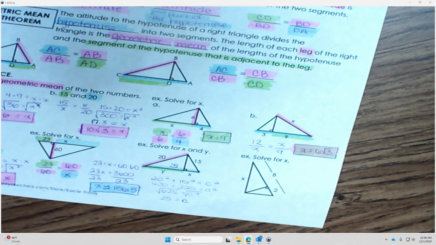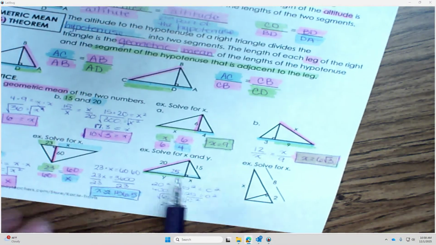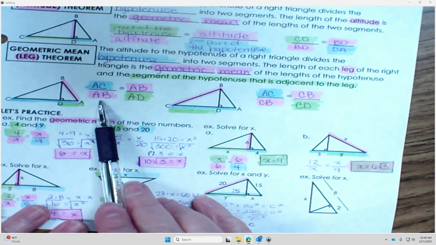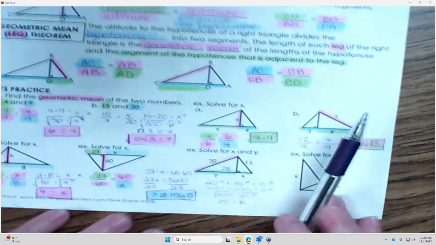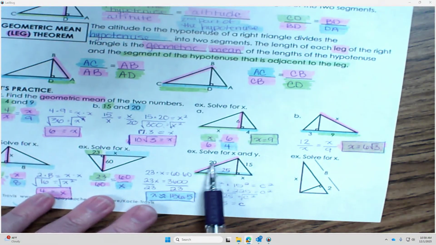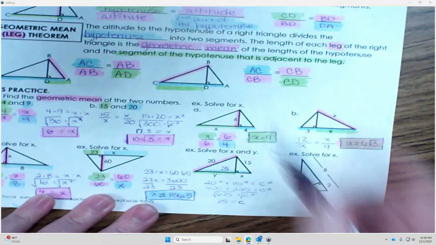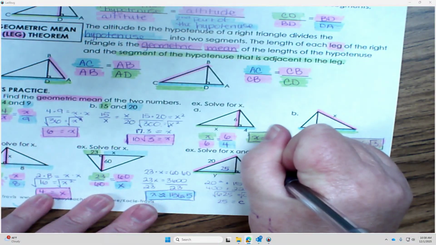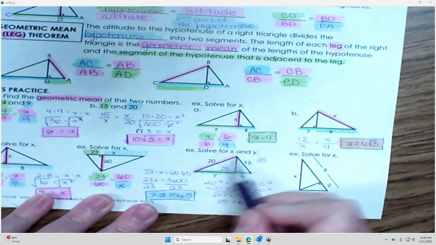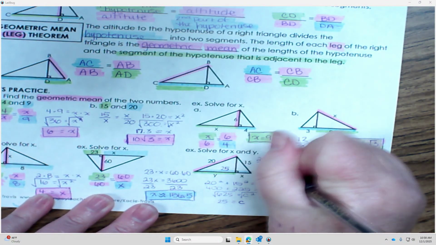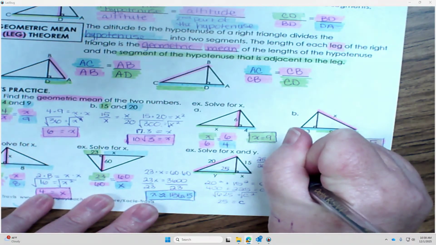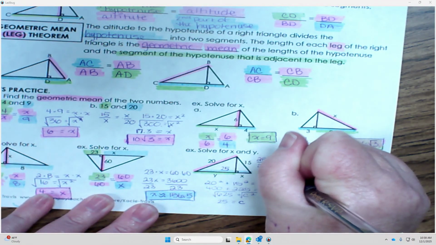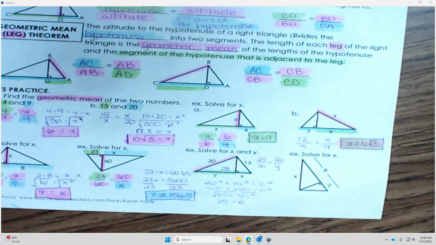So how do I do this? I am going to say full hypotenuse over leg is equal to leg over adjacent part. So full hypotenuse is 25 over leg, which is 20, is equal to leg, which is 20, over y, which is my part.